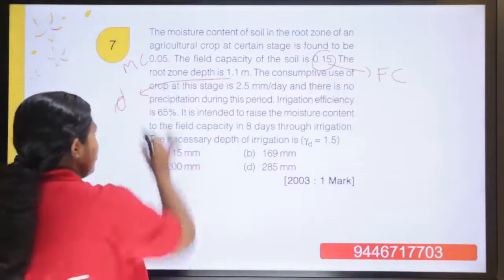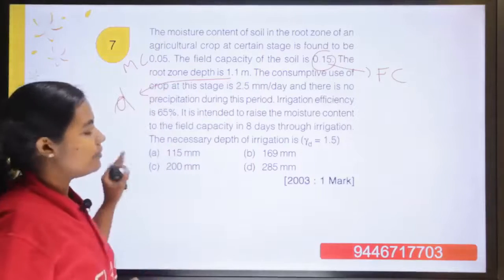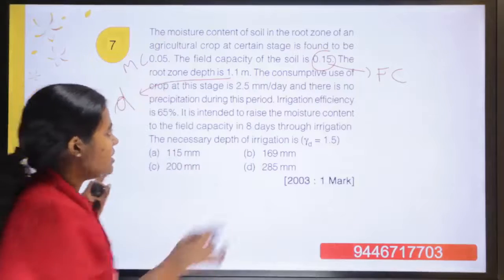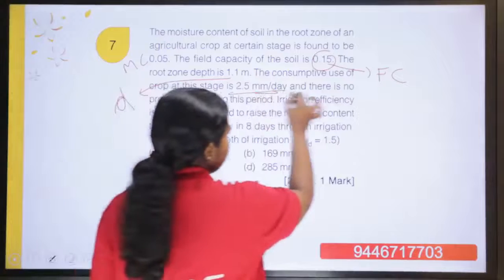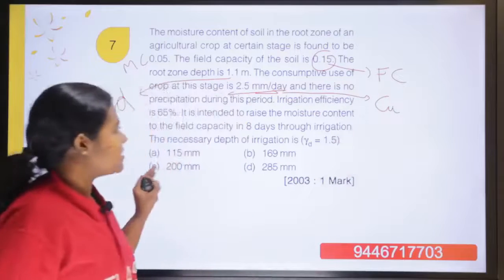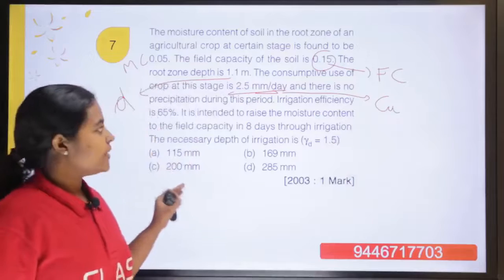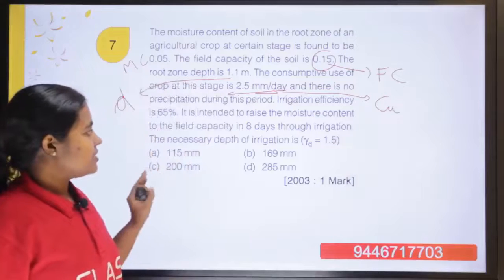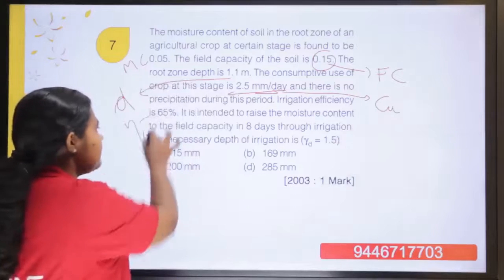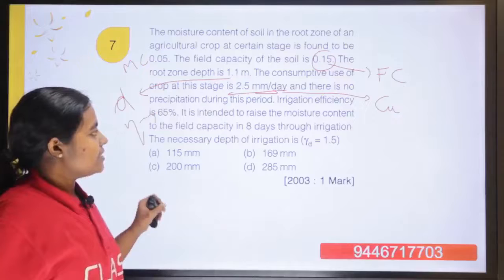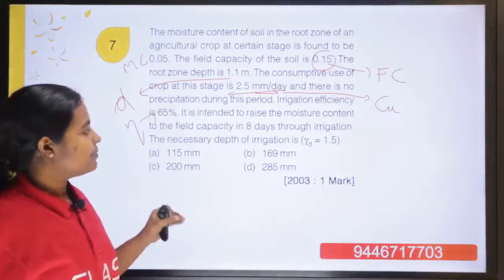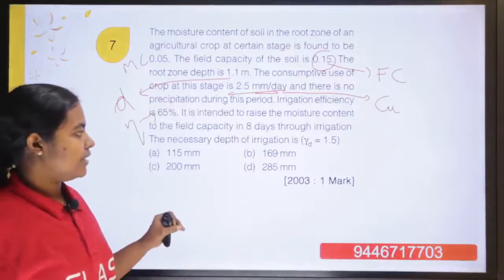The root zone depth, small d, is 1.1 meter. The consumptive use of the crop, that is CU, is also given, and there is no precipitation during this period. Irrigation efficiency is 65%. It is intended to raise the moisture content to the field capacity in 8 days through irrigation.